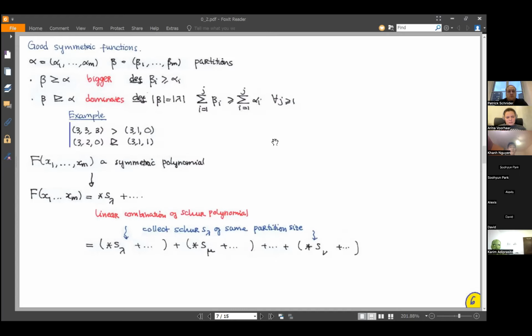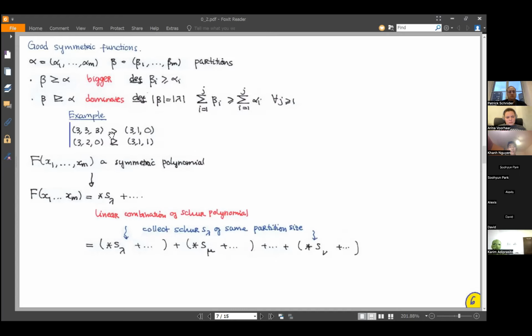For example, I have two partitions, alpha equal to 3, 1, 0 and beta equal to 3, 3, 3. By comparing the parts alpha_i and beta_i, you see that 3, 3, 3 is bigger than 3, 1, 0.